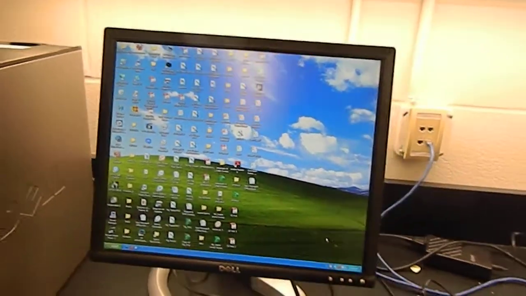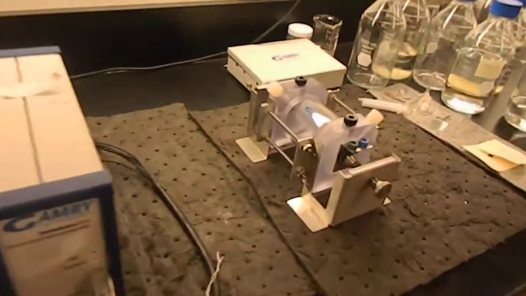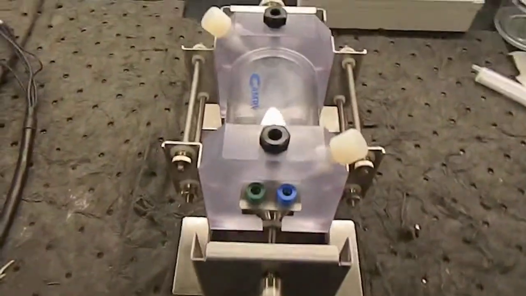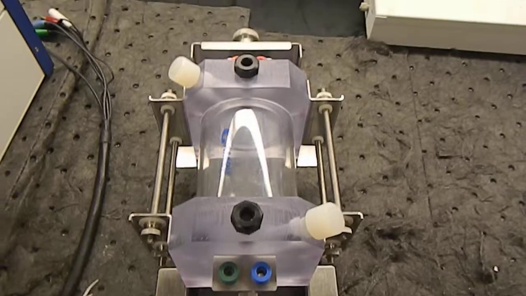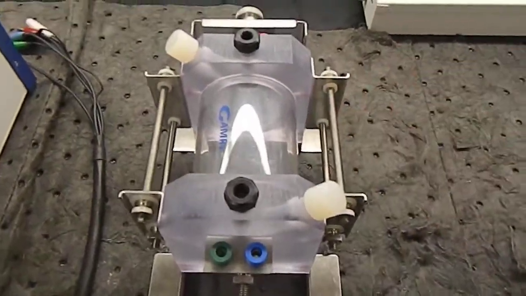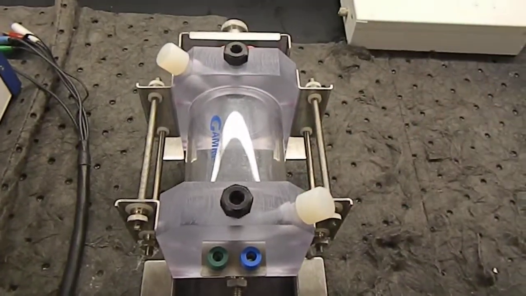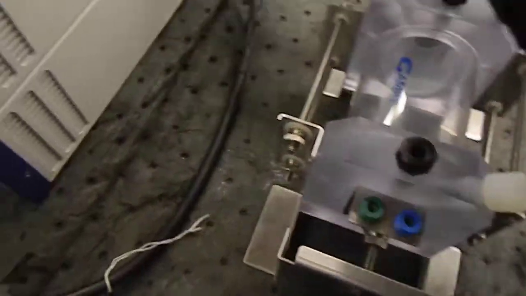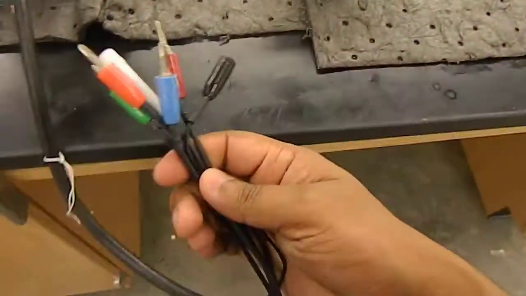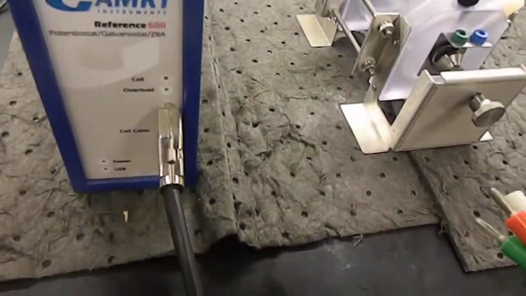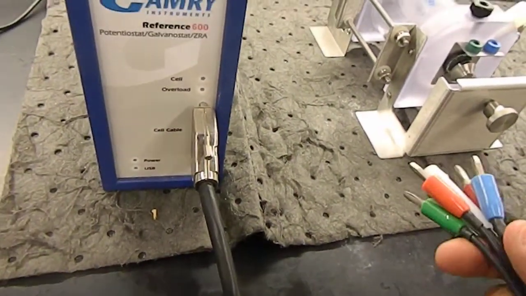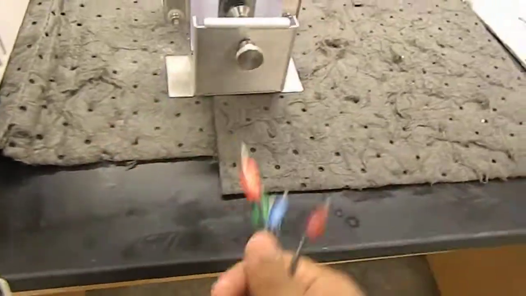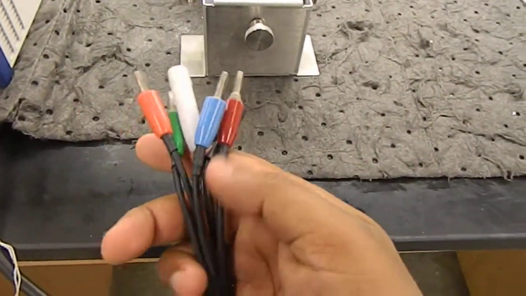So right now I am showing how to set up the GAMRY cell. This is the corrosion cell, and the circuit here is not a DC circuit, rather it is an AC circuit. Here are the cords from the GAMRY potentiostat, and here are the ends of these cords.